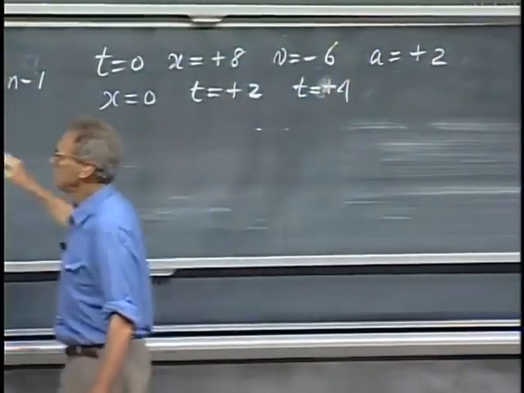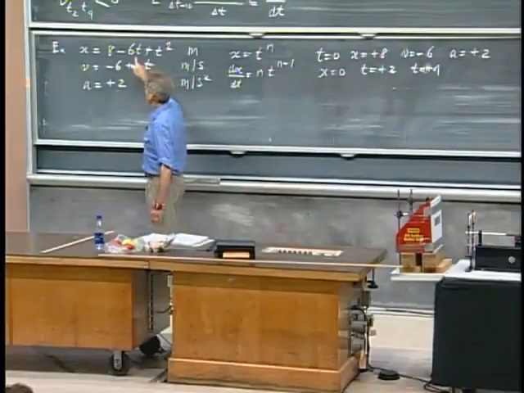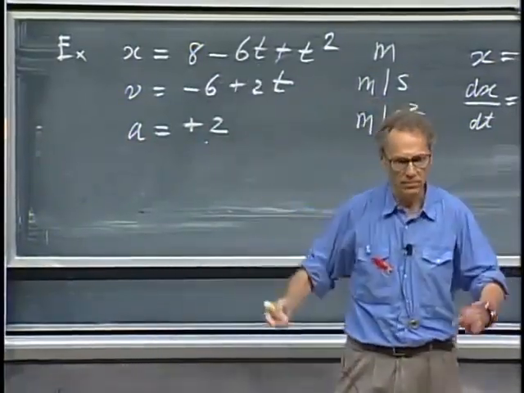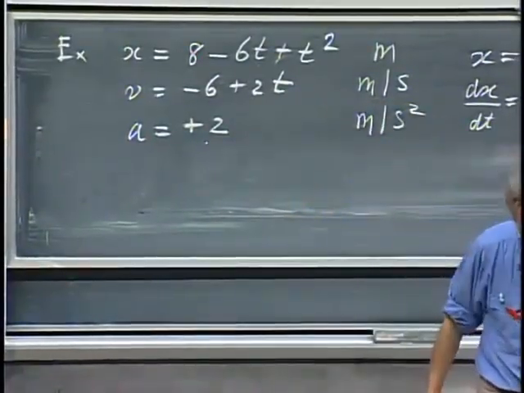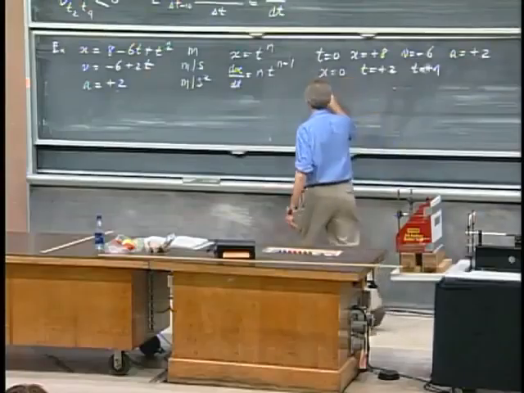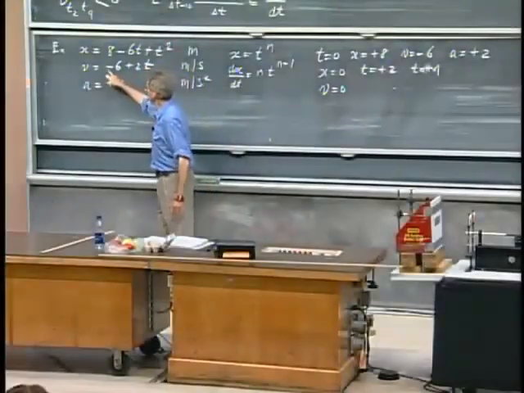Take the plus 2, that makes this 4. 4 plus 8 is 12, minus 6 times 2 is 0. So you see the 2 works, and you check that the 4 also works. Just for my curiosity, when is the velocity 0? Oh, that's easy. That's when this equation is 0, so that's when t equals 3.